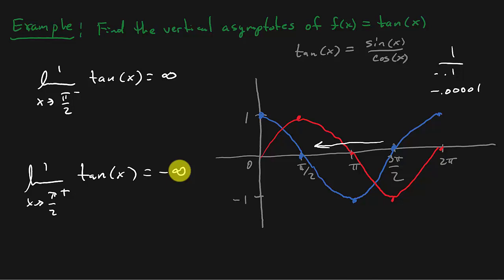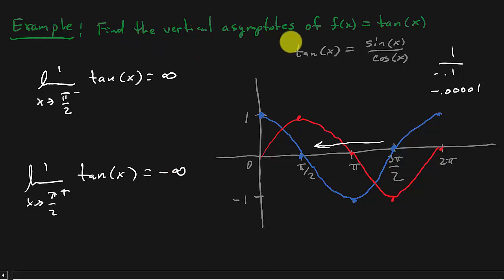Okay? Now, let's keep going. Okay? Because it says find the vertical asymptotes of f of x equals tangent x. Well, we know tangent x has a lot of vertical asymptotes. So the same thing, and I'm not going to work all this out, but you see what we did here when we calculated the limits.